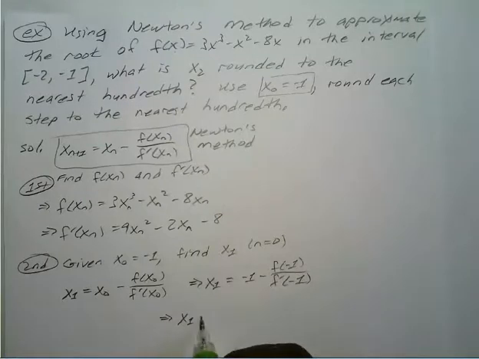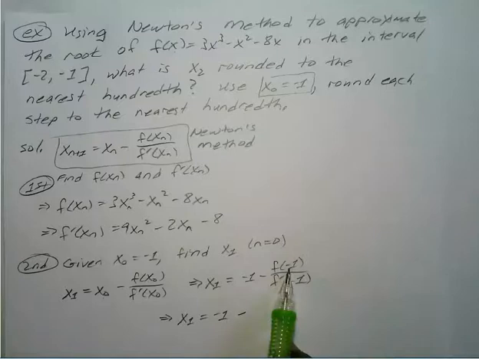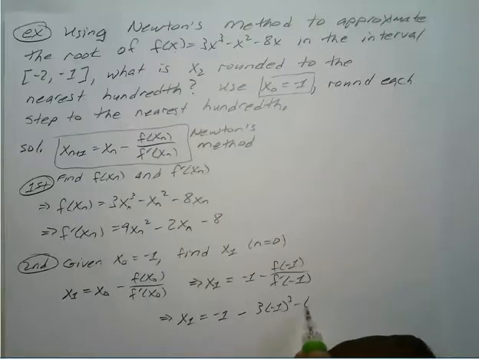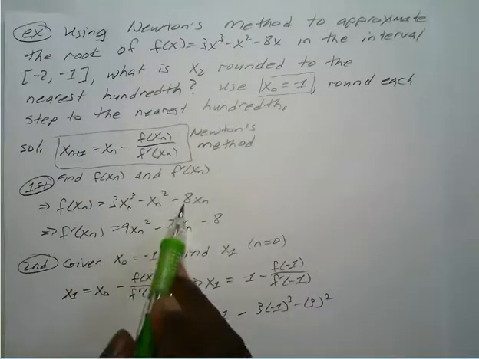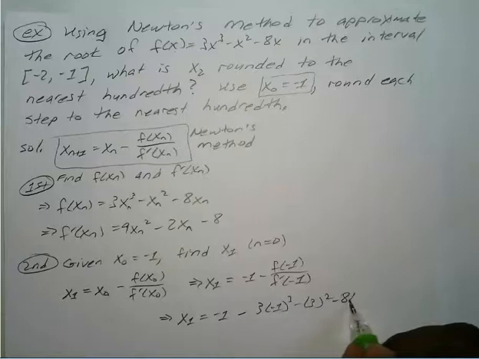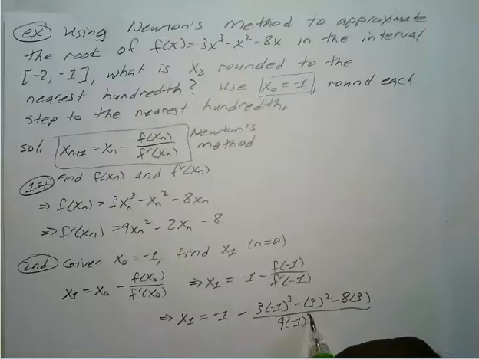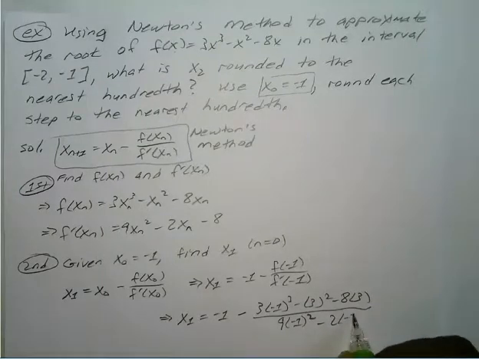So our x sub 1 is going to equal negative 1 minus f of negative 1, which is 3 times negative 1 cubed minus negative 1 squared minus 8 times negative 1, all over f prime of negative 1, which is 9 times negative 1 squared minus 2 times negative 1 minus 8.